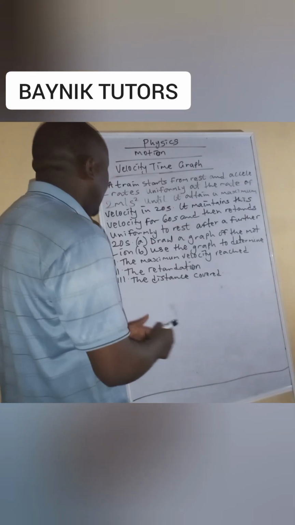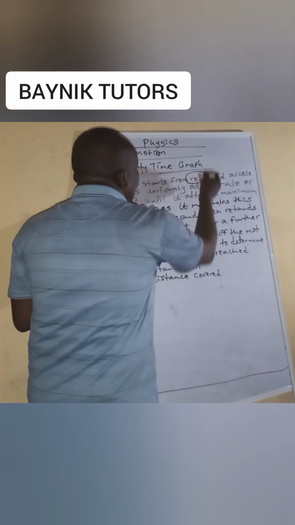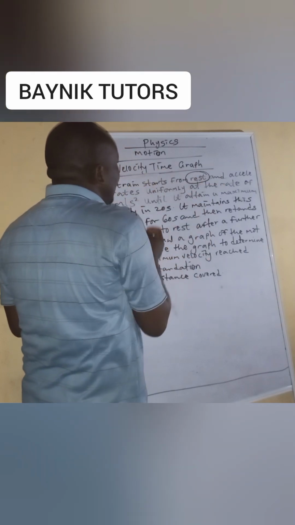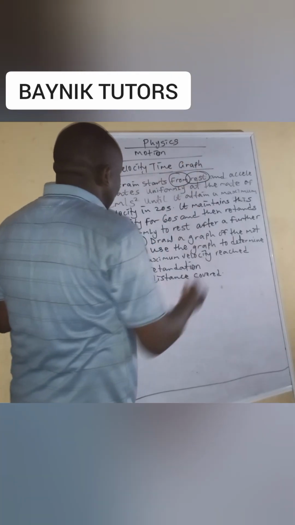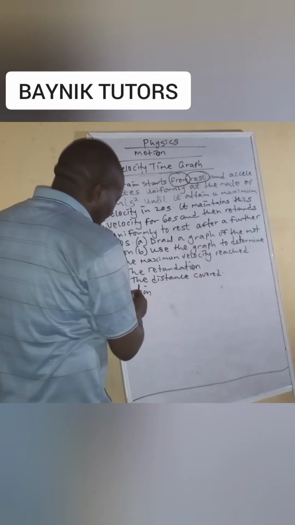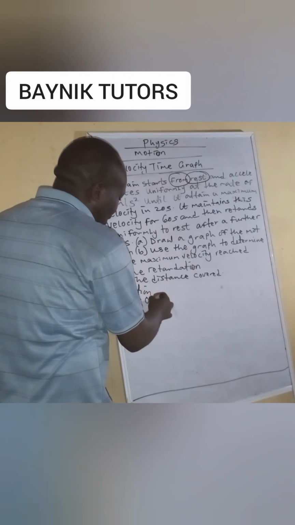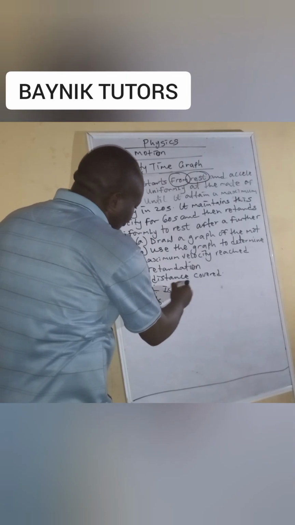So we want to look at here. We will say a train starts from rest. So in our solution here, if a train is starting from rest, that means the initial velocity for the first stage, we refer to this as the first stage.